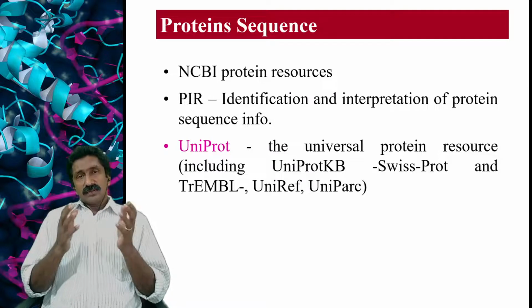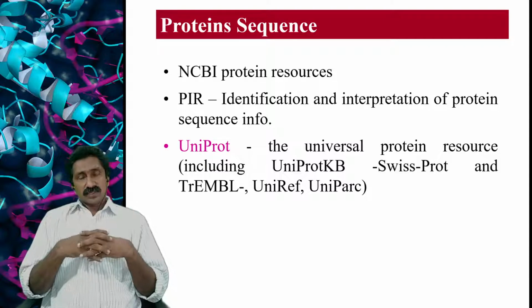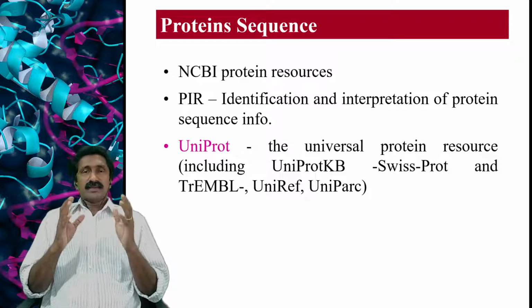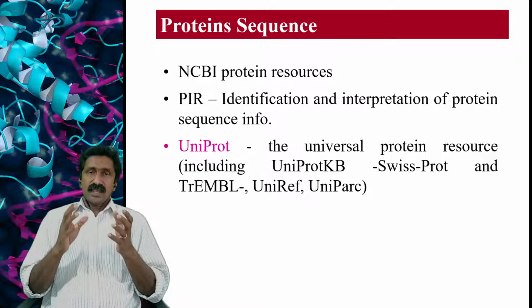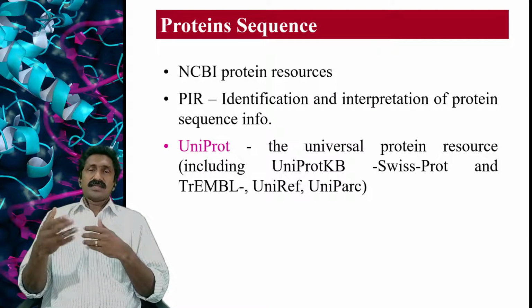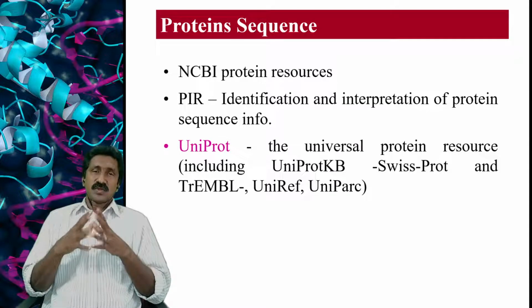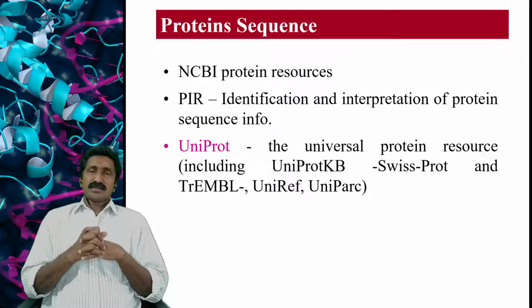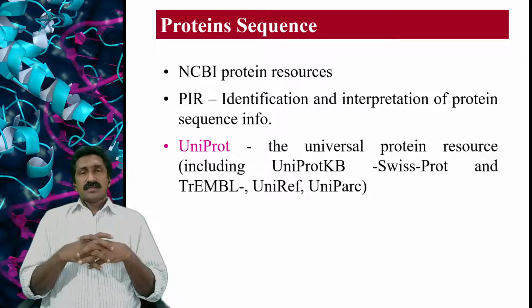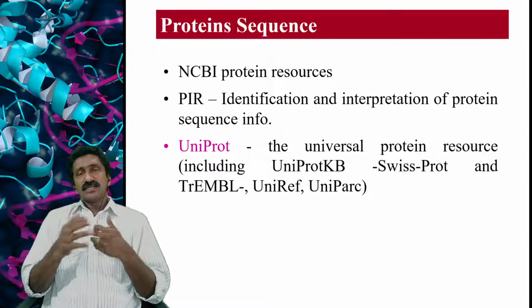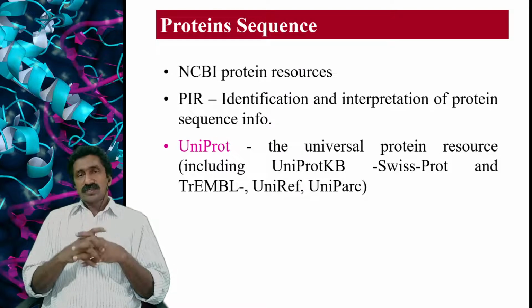Another one is the Protein Information Resource, or PIR, where identification and interpretation of protein sequence information were stored. That was an old database. Now they have actually merged with the next one, that is UniProt.